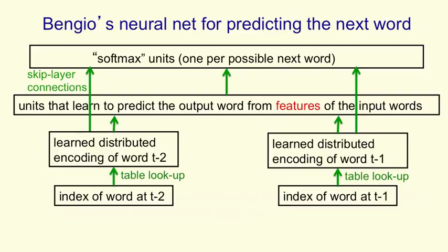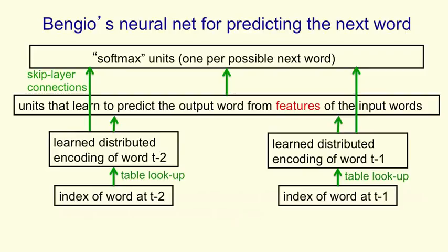After getting distributed representations of a few previous words, I've only shown 2 here, but he would typically use, say, 5, you can then use those distributed representations via a hidden layer to predict, via a huge softmax, what the probabilities are for all the various words that might come next.